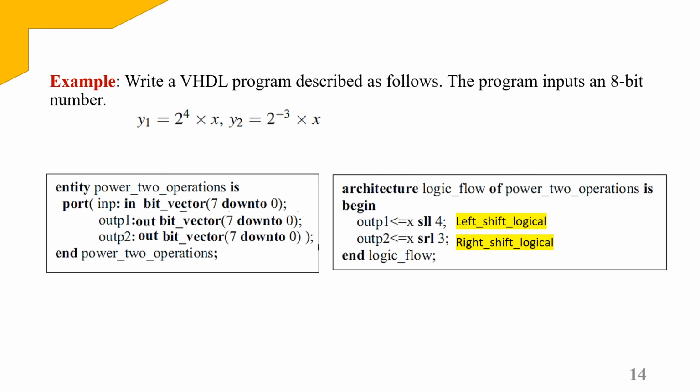Okay, so in this example, we want to produce two outputs, y1 and y2. To produce y1, we use the left shift logic, and to produce y2, we can use the right shift logic.